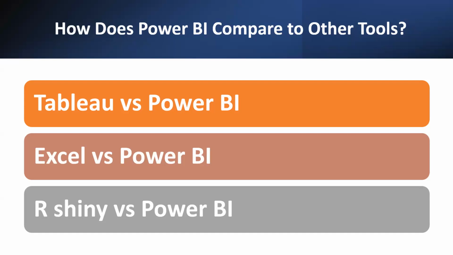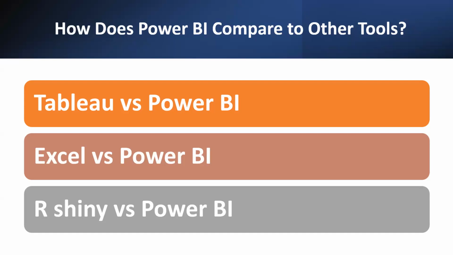Well, the last previous session that we had as a group, we looked at R Shiny versus Power BI. And the first major difference there is R Shiny is an R package within the R ecosystem. Power BI is more of a whole general software that is developed by Microsoft.